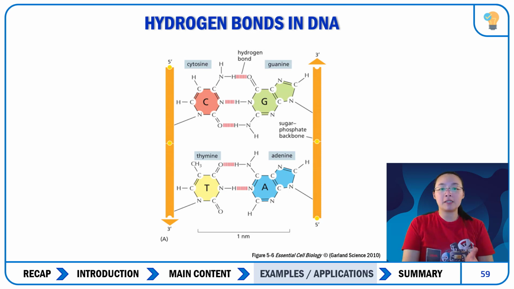So one example is DNA. We have hydrogen bonds between the different DNA base pairs. You have 2 hydrogen bonds between adenine and thymine, and 3 hydrogen bonds between cytosine and guanine.